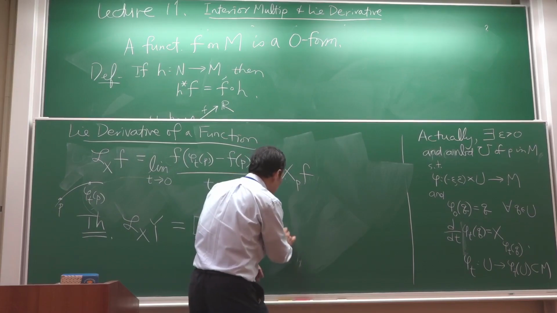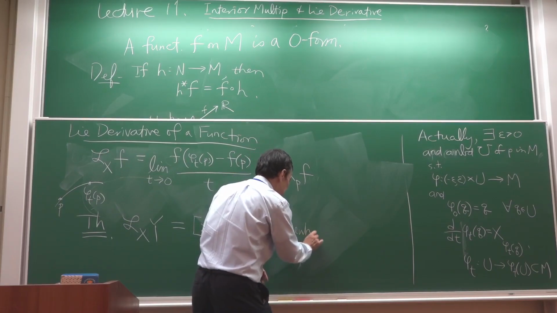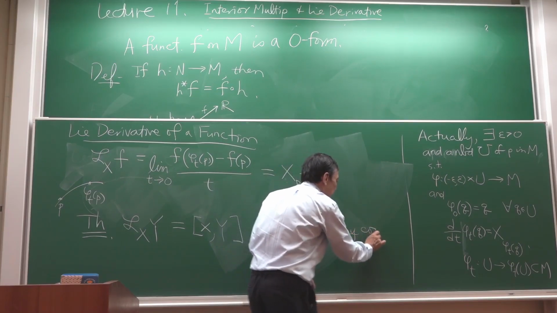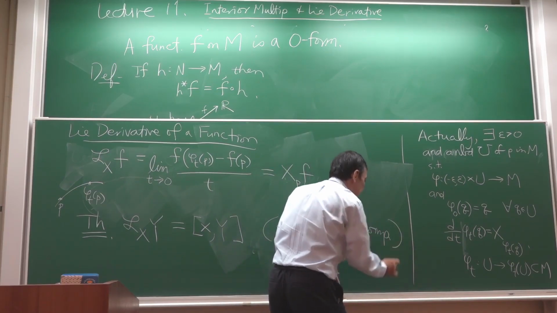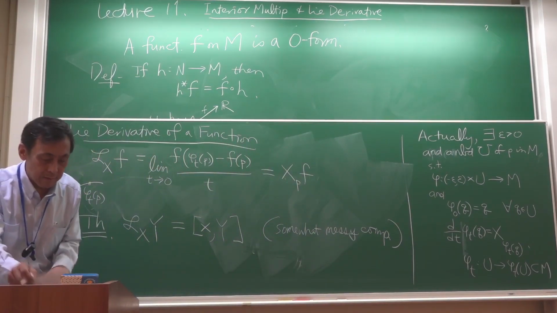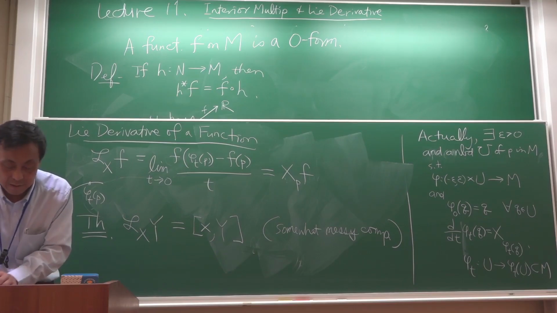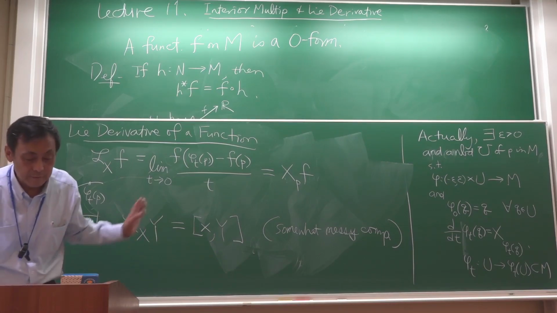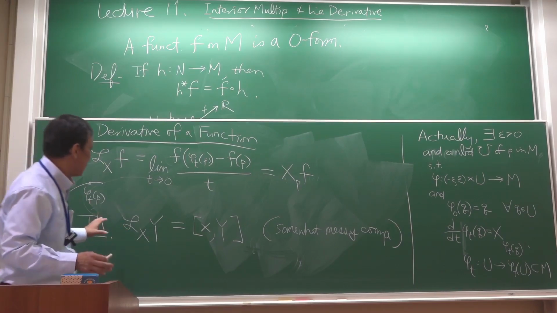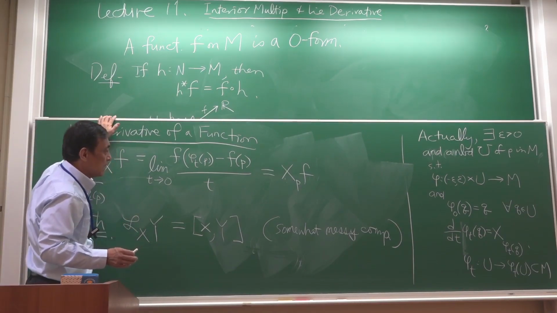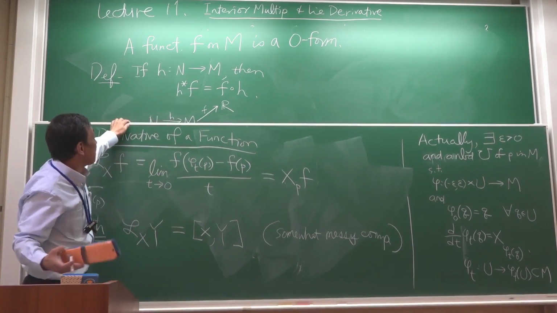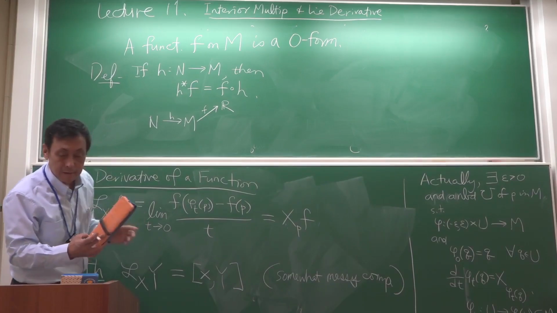And this is a somewhat messy computation. Yeah, but it is done in my book. If you don't have time, you can just assume this because going through the calculation actually doesn't shed any insight.